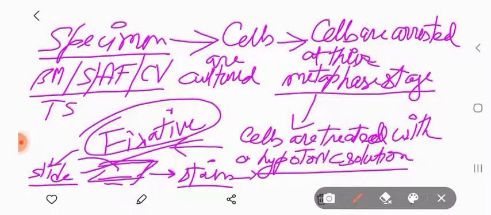Now, for example, if I talk about G banding, in the G banding technique we use a stain known as Giemsa stain. This stain was developed by a famous scientist known as Gustav Giemsa.